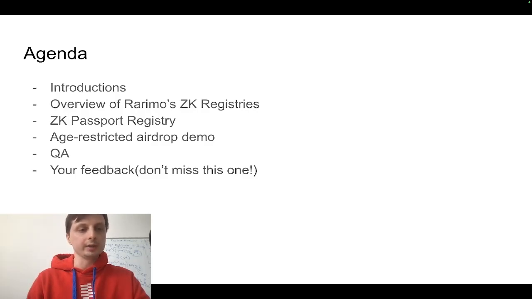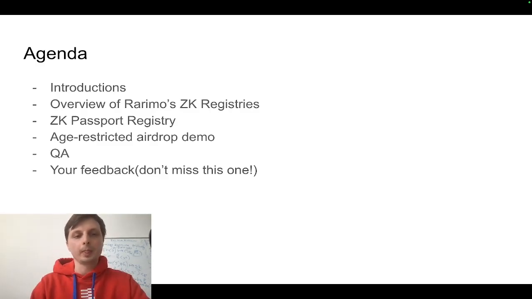We will discuss the particular registry, the ZK passport registry, and we will get some hands-on experience with this registry by building a simple DApp that allows claiming tokens for everyone who is over the age of 21, and then we're going to have a small Q&A session.